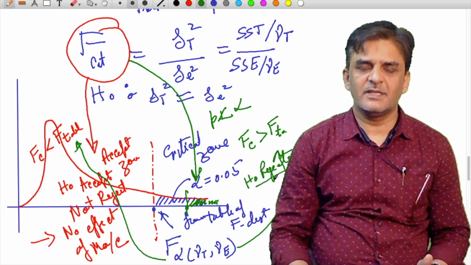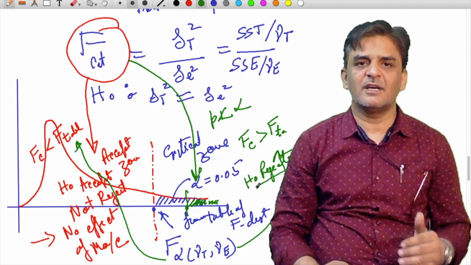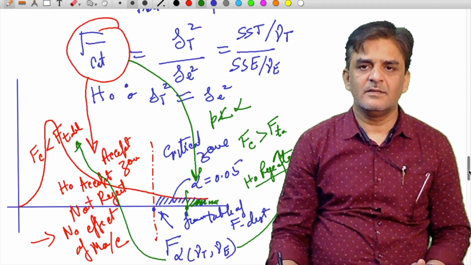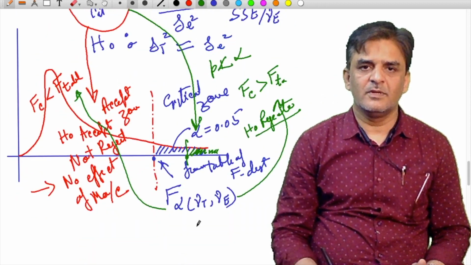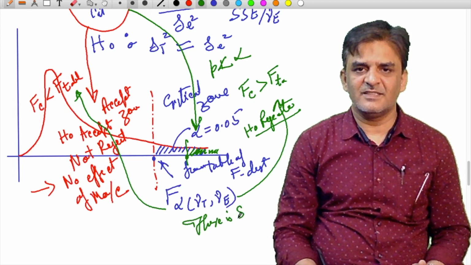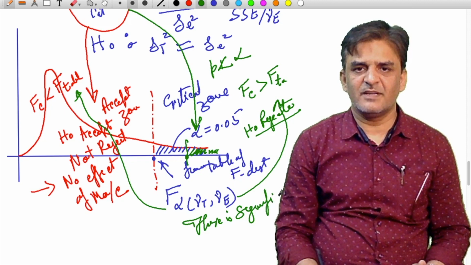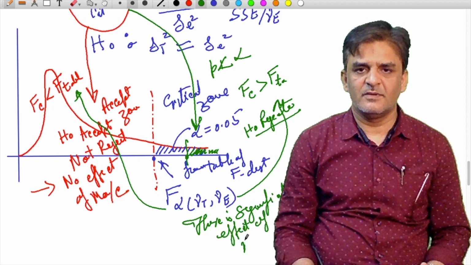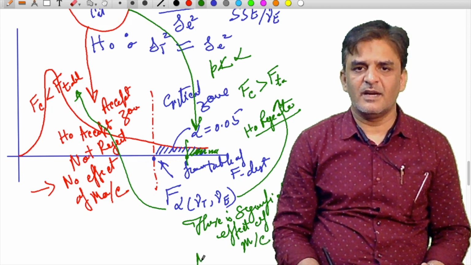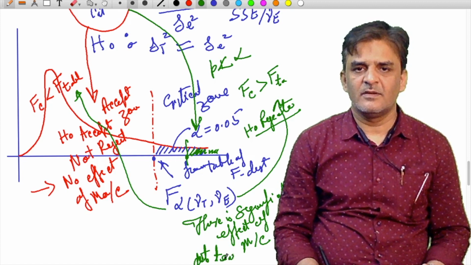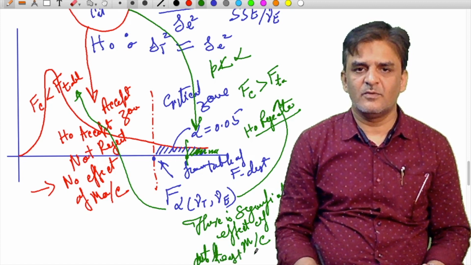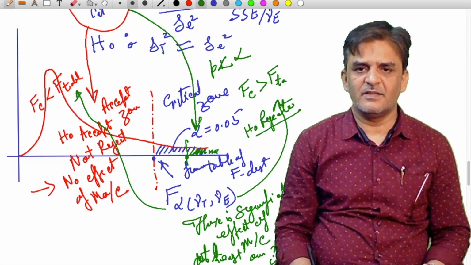If H0 is rejected, it means that the machines are not having the same output. So there is a significant effect of machine, and at least one machine is different.